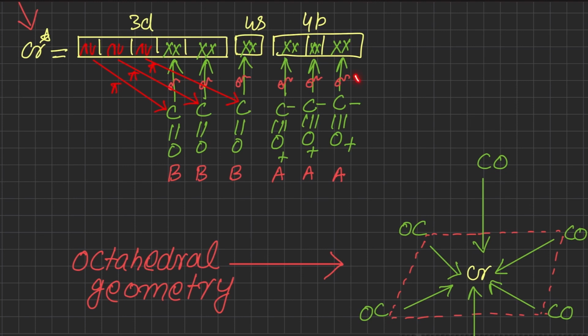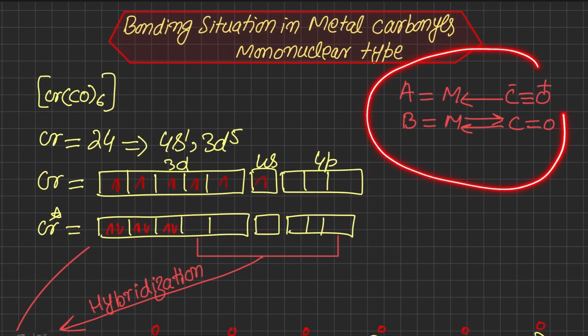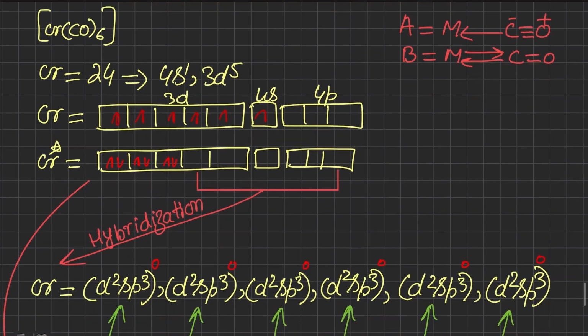Now we are seeing here that 6 sigma bonds have been formed. As in the previous lectures we have seen the concept of back bonding, and if there is no back bonding then structure A will be the predominant form, whereas if there is back bonding as shown here then structure B will be predominant.